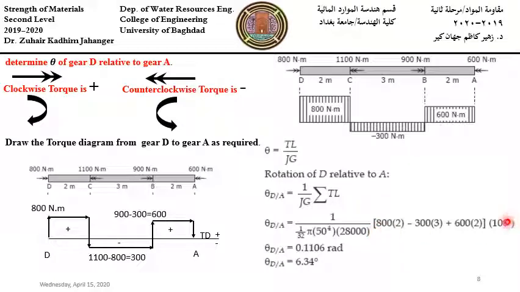All times the summation: 800 by 2 minus 300 by 3 plus 600 by 2. Multiply by 100, which is the meter to millimeter conversion.